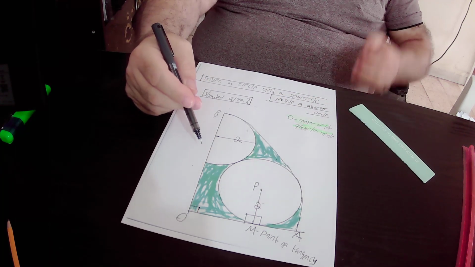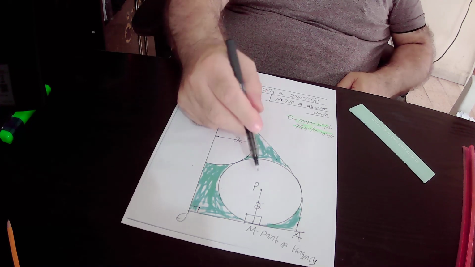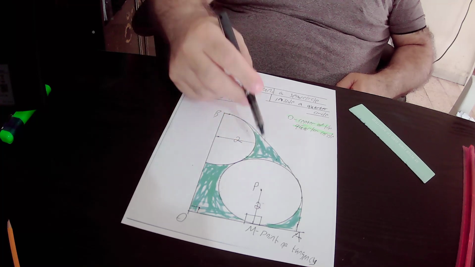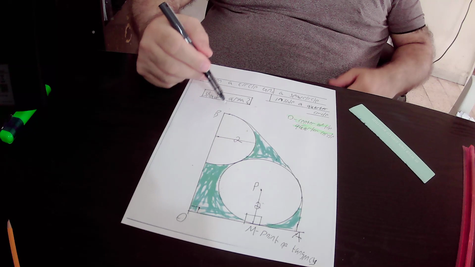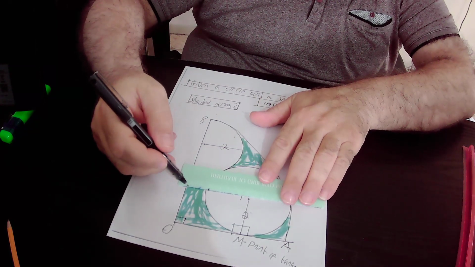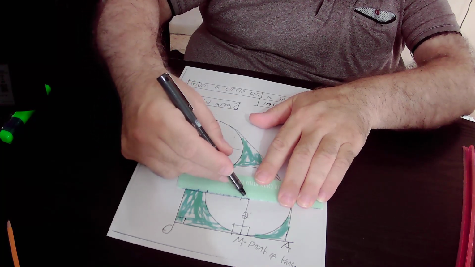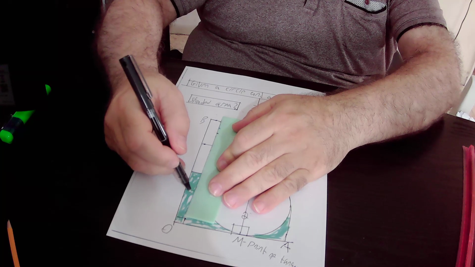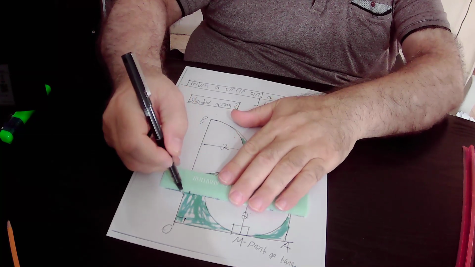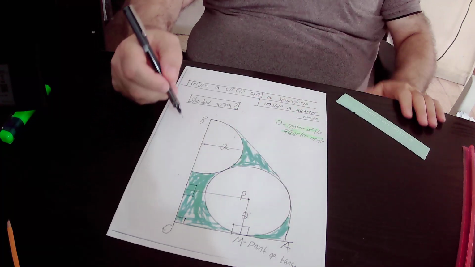In the next step, from the center of this circle, that is point P, we'll draw a perpendicular on BO. So this angle equals 90 degrees, and this angle also equals 90 degrees according to our construction.